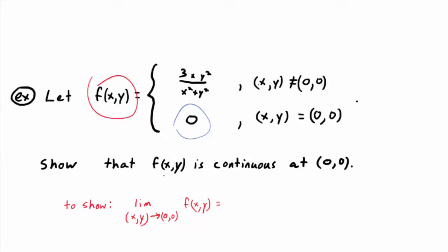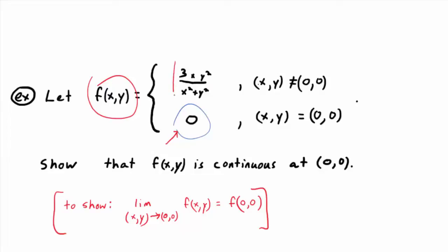In other words, the limit value, in order for the function to be continuous at 0, 0, has to be exactly f evaluated at 0, 0. So really, we can kind of ignore the piece of the piecewise function when x, y equals 0, 0, right? Because we just want to focus on the limit as x, y approaches 0, 0.